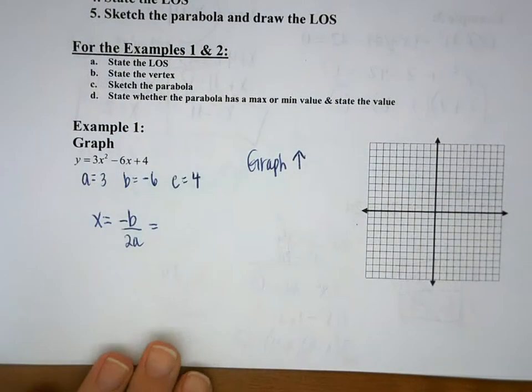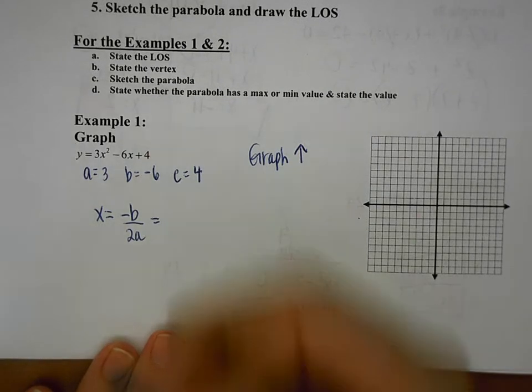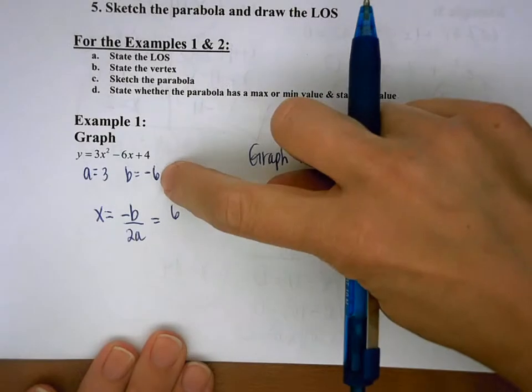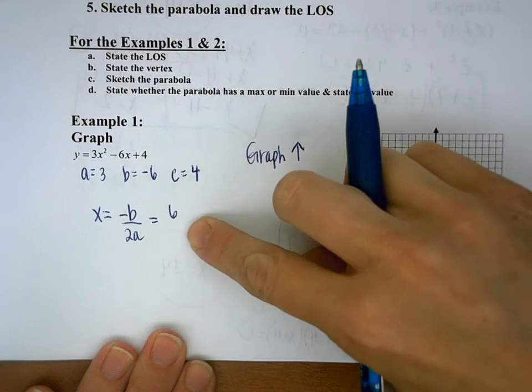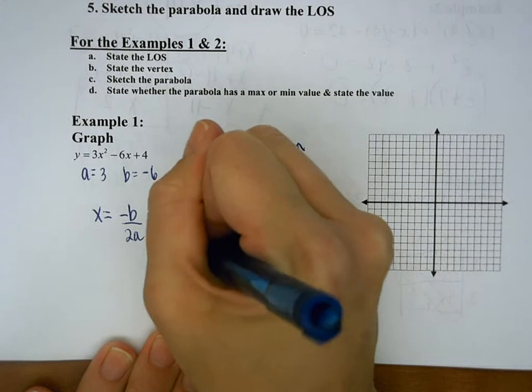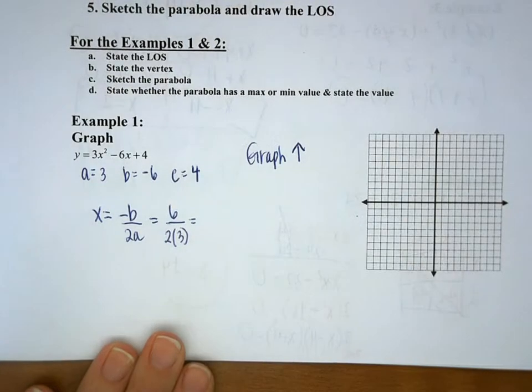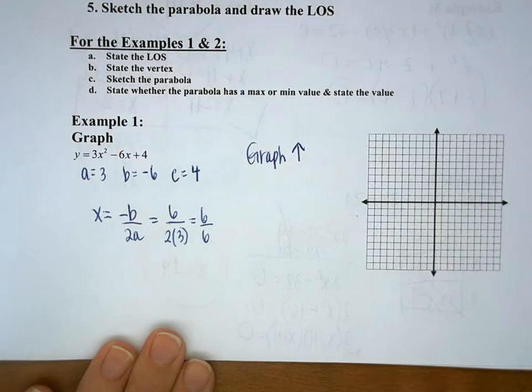So what is negative b? What is my value for negative b? Positive 6. Good. Because right now b is negative 6 and the opposite of negative 6 is positive 6. Okay, over 2 times a, which is 3.